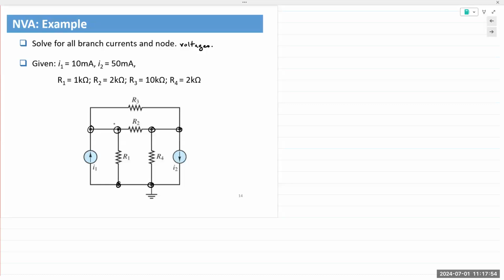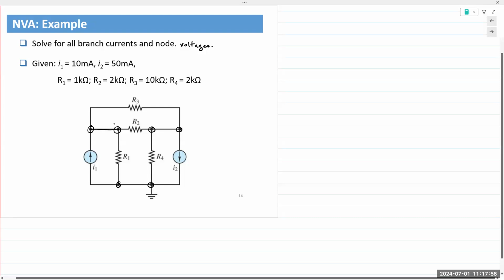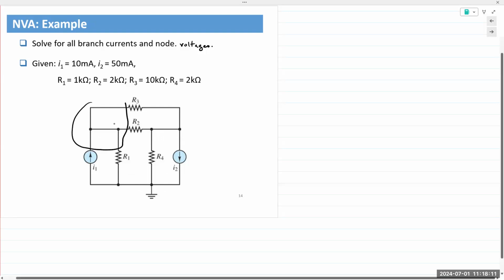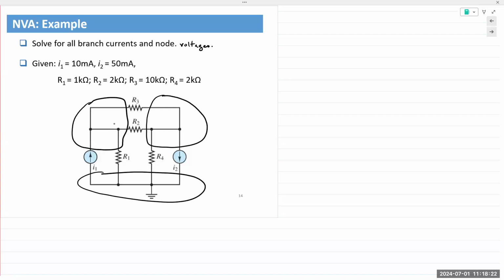So if you look at this, there's a wire here, so this is the exact same node. And so is this, and so is this. Electrically speaking, it doesn't matter how the circuit diagram is drawn. This is node A. This is node B. And this can be C. So there are only 3 nodes in the circuit.